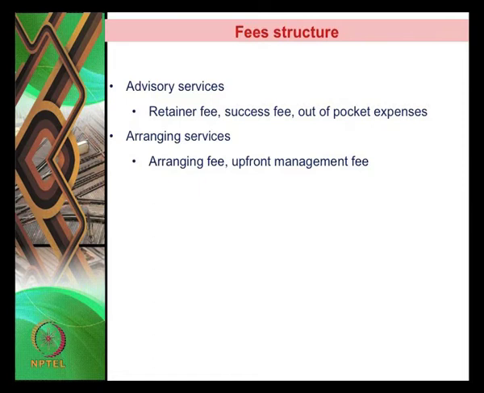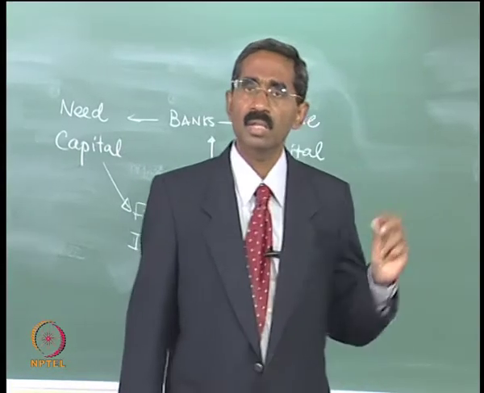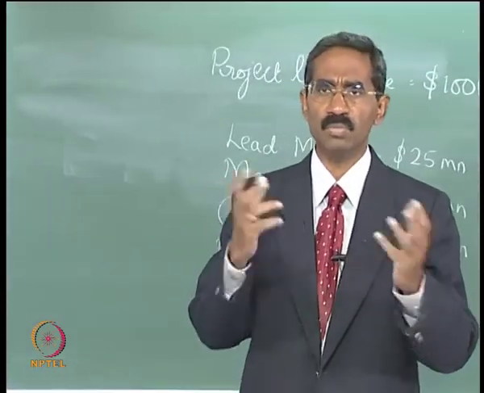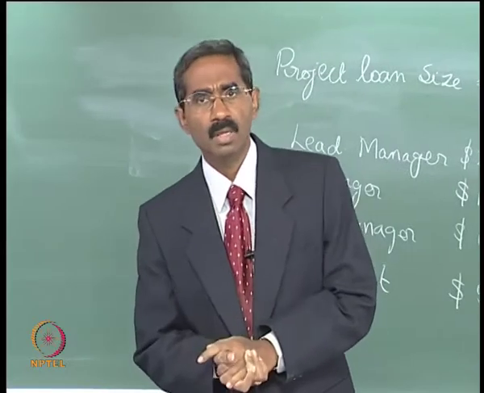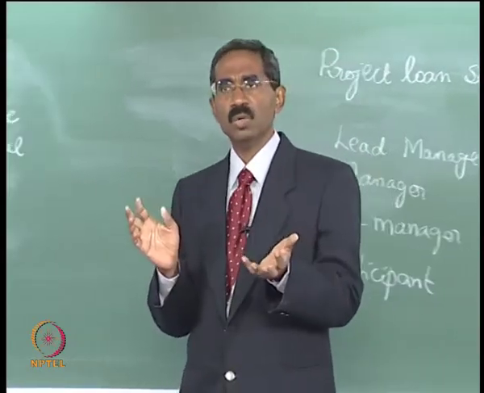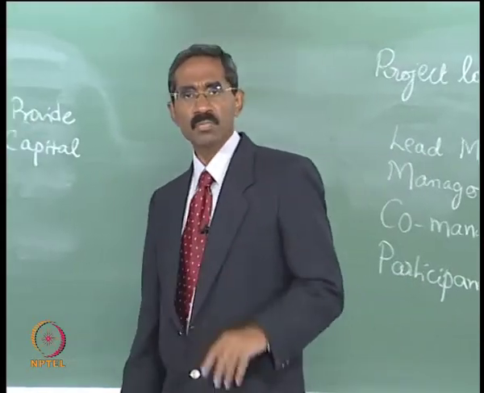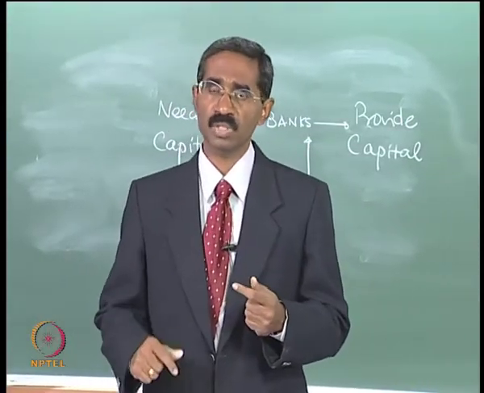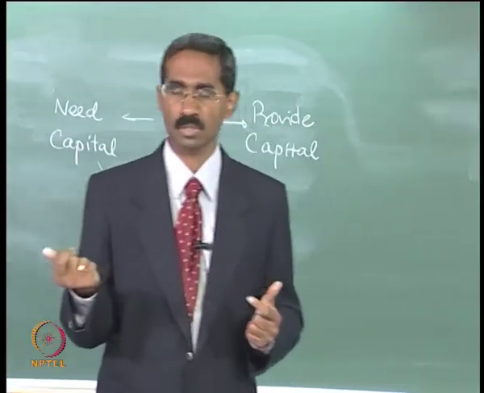A retainer fee is provided to the advisory firm to take care of the expenses incurred in the efforts that the advisory services firm will have to put in. And then we have what is called a success fee. If the project has been able to successfully raise capital, then the advisory services firm gets a success fee. A success fee is a proportion of the size of the deal. And then there are the out of pocket expenses. If there are any expenses related to travel and other items, then the advisory services firm is reimbursed those expenses.